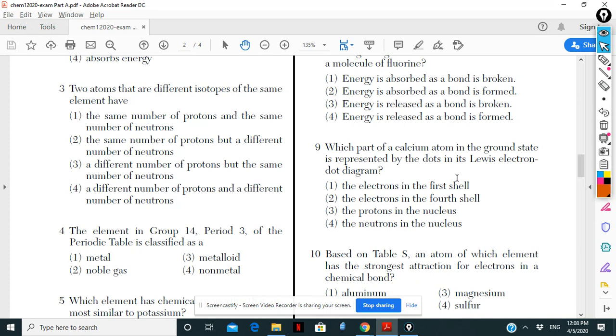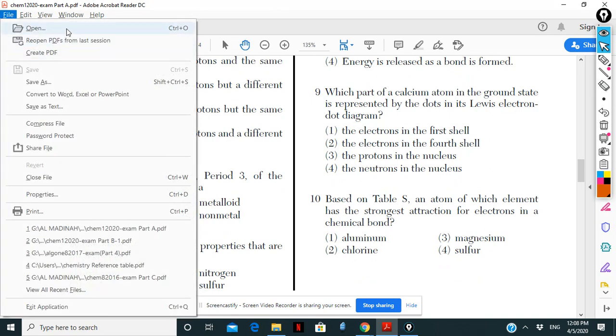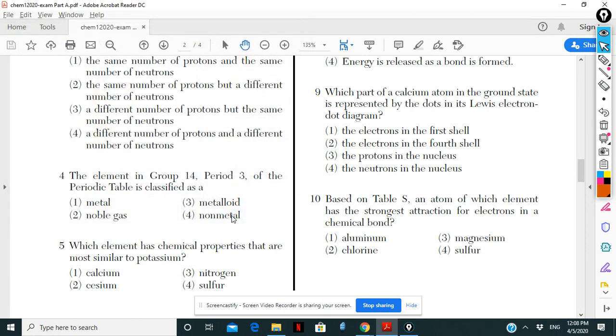Question number 4. The element in group 14. Okay, so we need to open the reference sheet, the chemistry reference table, because we're going to need it.